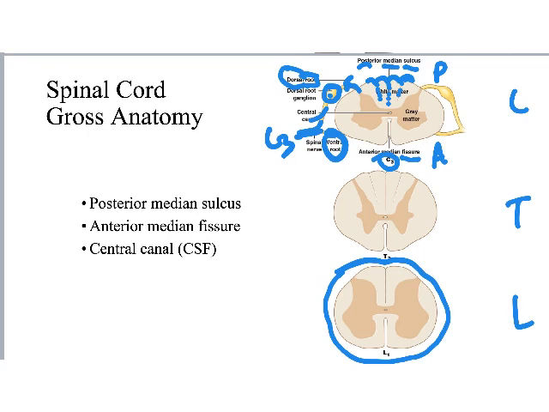They're here as well in the spinal cord, and the spinal cord is kind of floating in a little bit of cerebral spinal fluid, just like the brain is. So that's why it's part of the same structure as the brain. It's all part of the central nervous system. So the spinal cord itself is floating in cerebral spinal fluid, just like the brain is. But there's also a central canal.